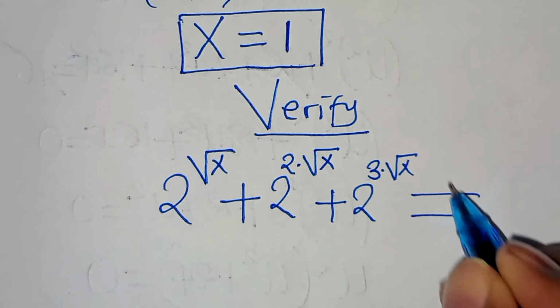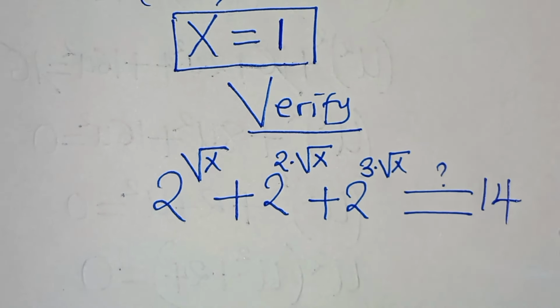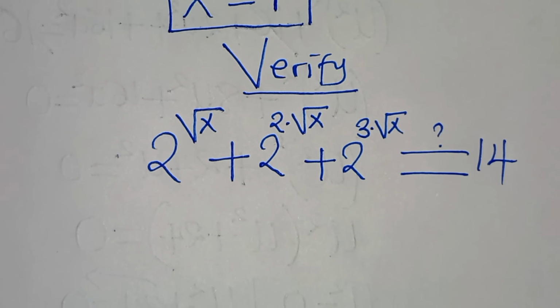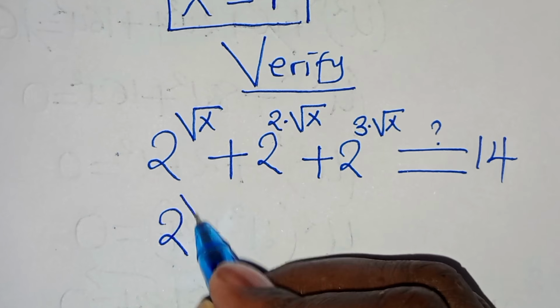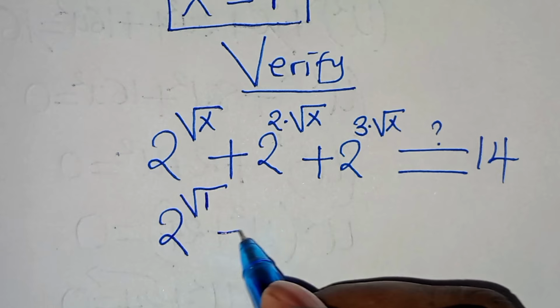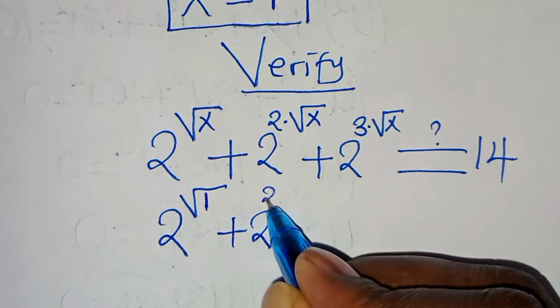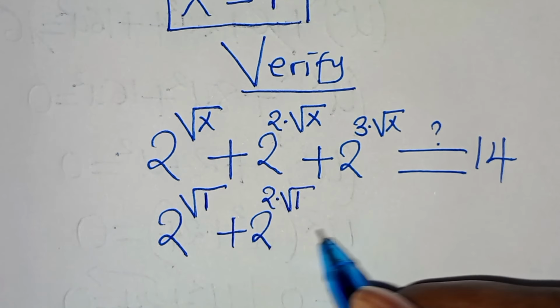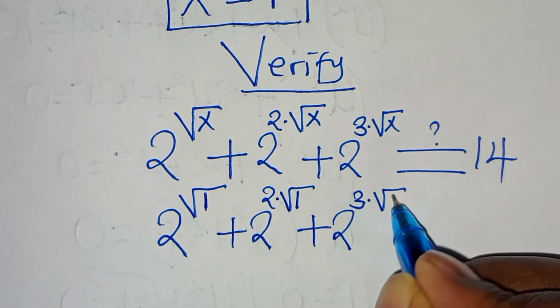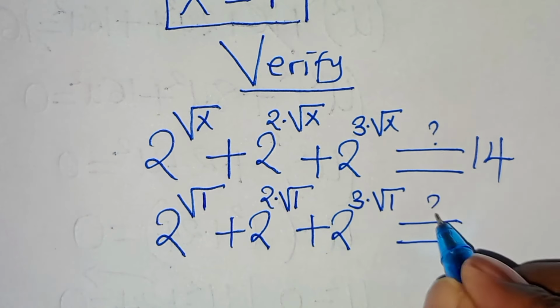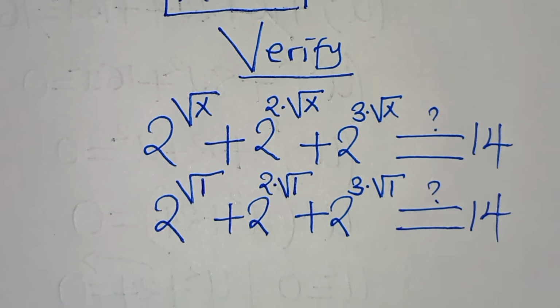This is supposed to give us a value of 14. Substituting x equal to 1, we have 2 to the power of square root of 1 plus 2 to the power of 2 times square root of 1, then plus 2 to the power of 3 times square root of 1. This should give us a value of 14.